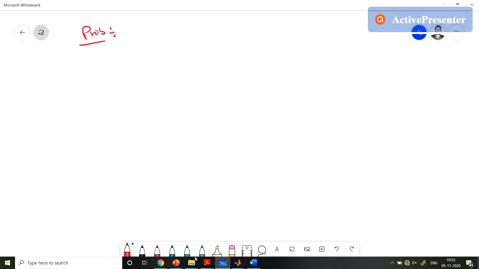The problem is, for a signal x(t) the Fourier transform is X(f).